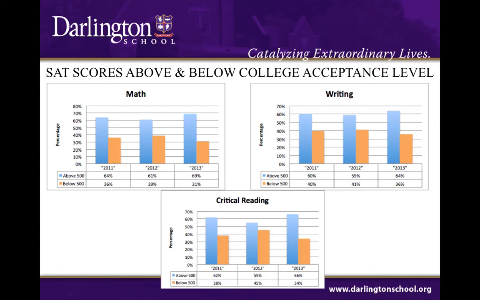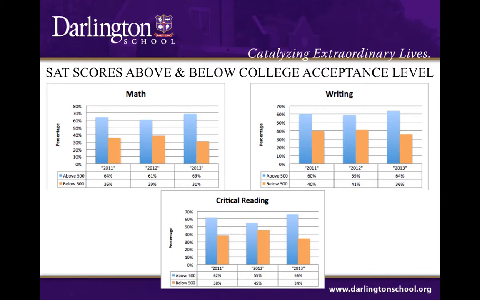So if we look at 2011, even though our scores were very high in math, we were at 64%. Now we're at about 69% that are above. We still have that 31% that are below 500. Now in writing, we have that 36% versus our 64% that are below 500.